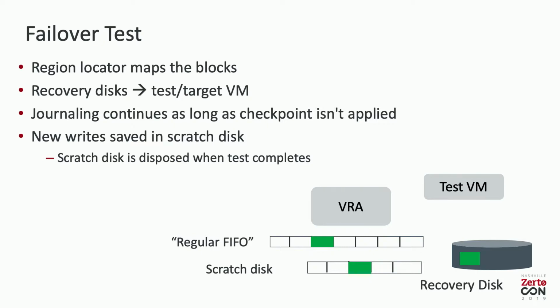But there are cases where we need to grow the journal and we can't. Why can't we grow the journal? Either the user set a hard limit. The user said, I don't want you to fill up my data store, so don't pass the 100 gigabytes or whatever I configured.